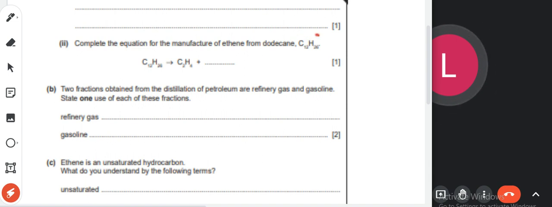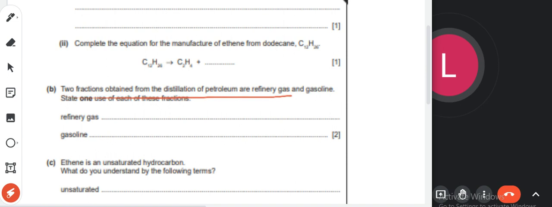That's an alkane. Remember the general formula of alkanes, in the same homologous series, CnH2n+2. All of that we can refer to the previous lessons.